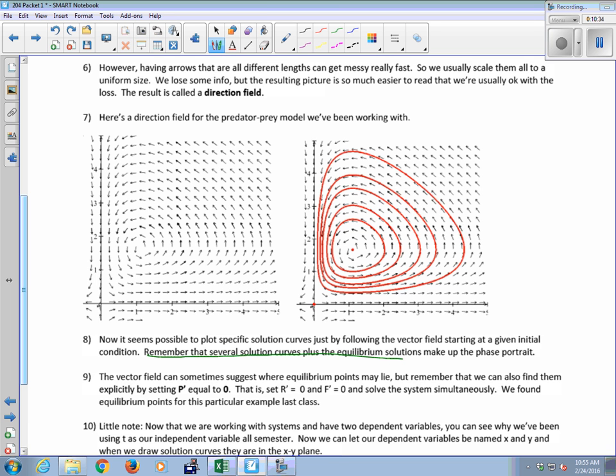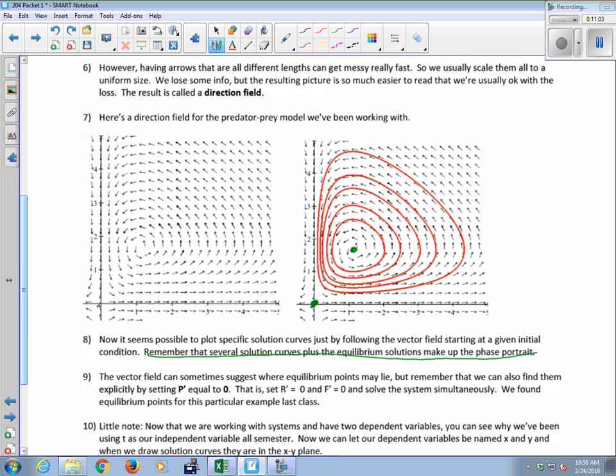So if you're asked to draw a phase portrait, that's what you need: equilibrium points and several solution curves. That's what I've done on the right here. I plotted the 2 equilibrium points, (0, 0) and this one, (1, 5), I can't remember if that's what it was. And then you have several other solution curves that oscillate around that equilibrium point. And then there's a couple of others too.